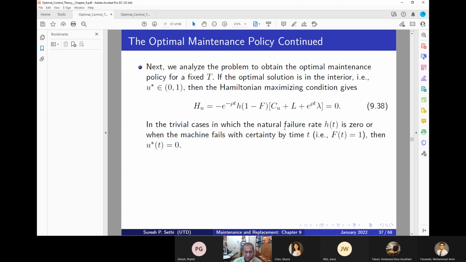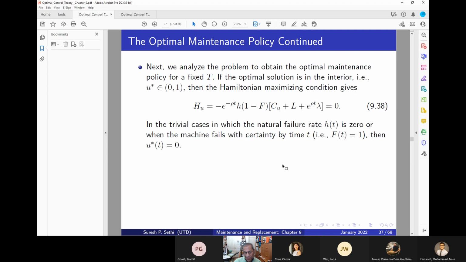There are trivial cases that we have to avoid, because there are two trivial cases. One trivial case is h(T) is 0. That means the machine is not going to fail. Deterministic problem. The other one is F(T) equal to 1. That means I know exactly a time at which the machine will fail. There is no control. Control doesn't do anything. So for those two problems, there is no optimal control problem. So we can remove those conditions.